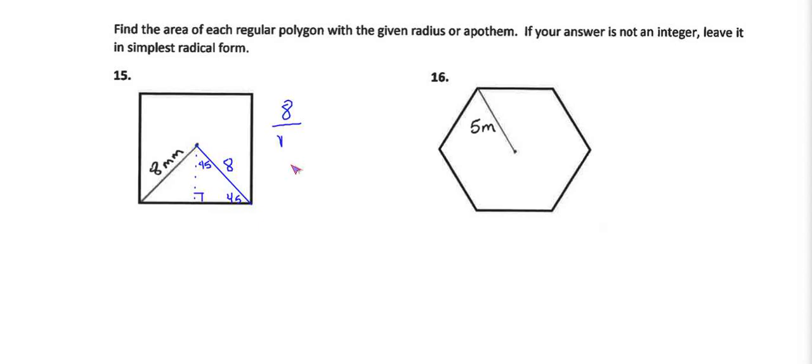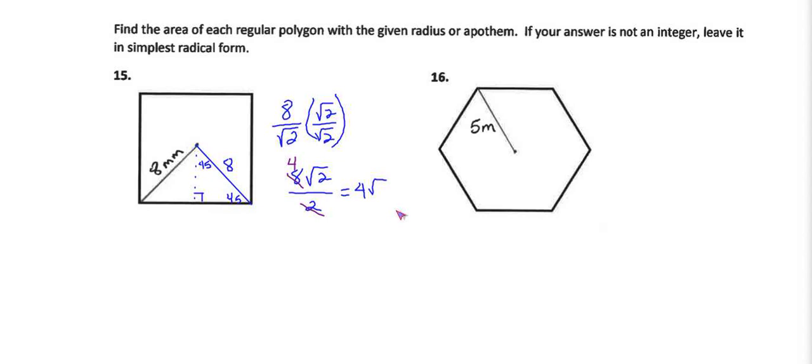Now, this time I am going to rationalize because remember, our final answer needs to be in simplest radical form. So I'm going to multiply by square root of 2 over square root of 2 to rationalize, and that gives me 8 times the square root of 2 over, well, square root of 2 times square root of 2 is 2. Now, next, we're going to divide the 2 into the 8. It goes 4 times, and that's going to leave me with 4 times the square root of 2.